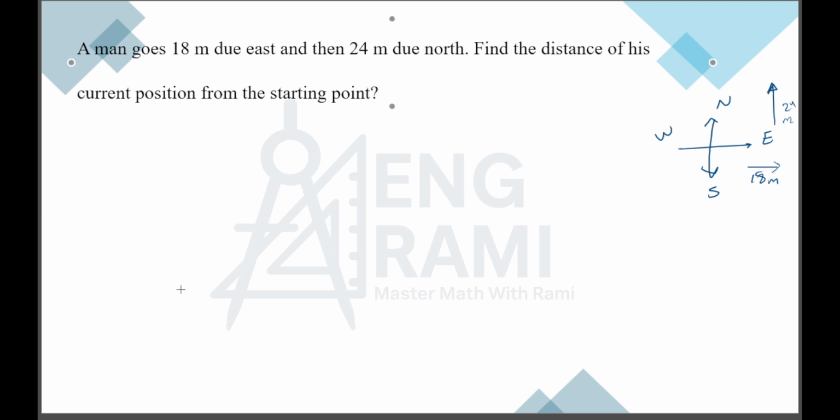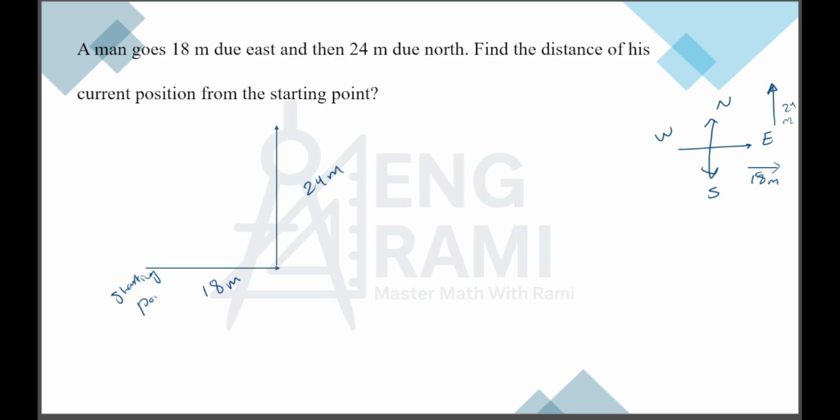So the man first goes to the east 18 meters and then to the north 24 meters, and here's 18 meters, and here's the starting point and his current position. And the man finally stopped here.